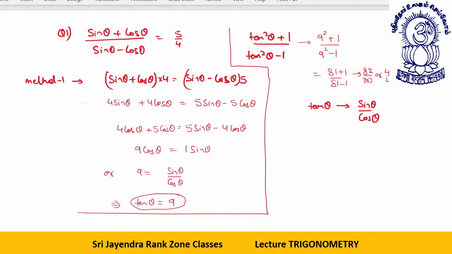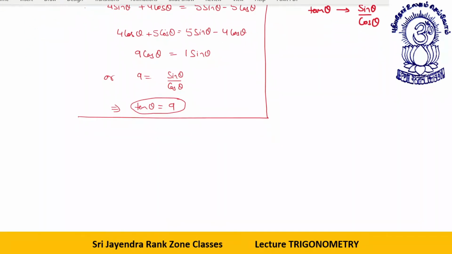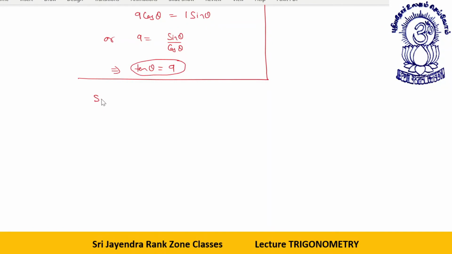The other way could have been, if I write it down again, the question is sin theta plus cos theta upon sin theta minus cos theta. This is given to you as 5 by 4. Divide numerator and denominator of left hand side by cos theta. What will happen?